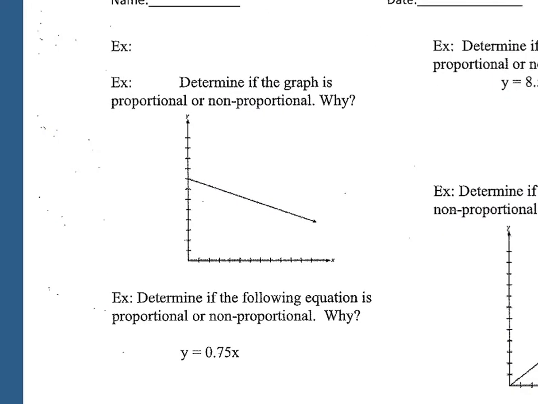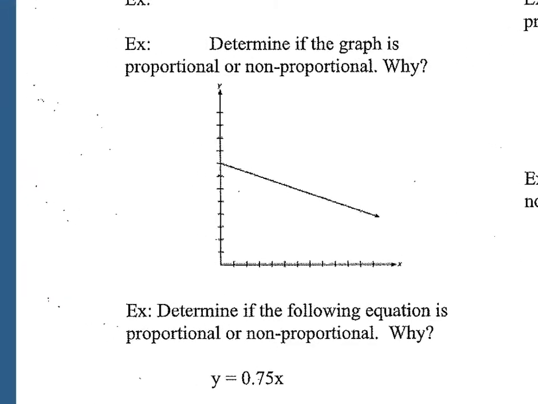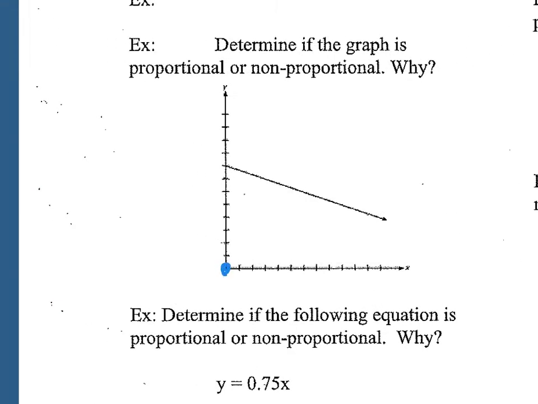Okay, so the first example, determine if the graph is proportional or non-proportional. What do we think? If the origin is here, does it start at the origin or go through the origin? No. So then it has to be non-proportional.